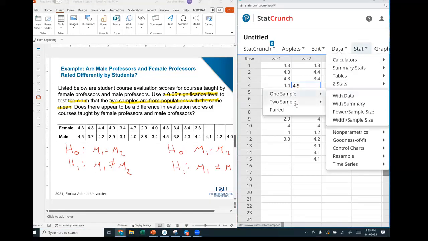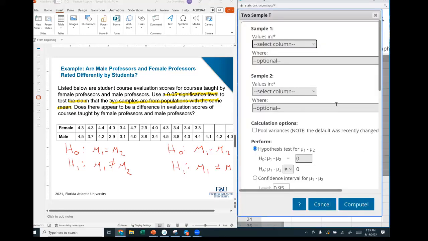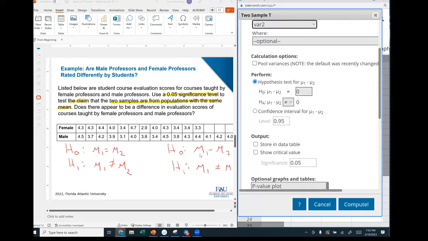So I put in all my information, and I go to Stat, T Stats, Two Sample, With Data, because I've inputted the data. I have values in var1, sample 2 is var2, and I said mu1 minus mu2 is equal to 0. So we're using this form right here.